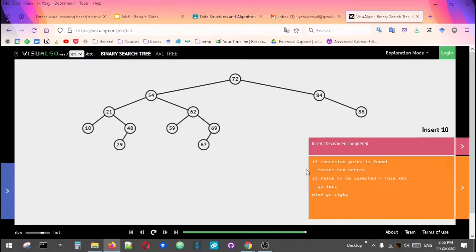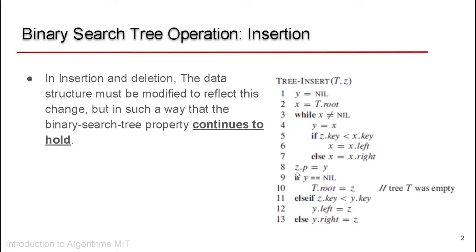So each node, let's say node 62, knows in the structure that it has a right and left branch, and also a link pointing to the parent. So inside this node we have three pointers: right, left, and parent. When we enter 10 as a new node, we will assign 10 dot parent to 21. This is what's happening here.